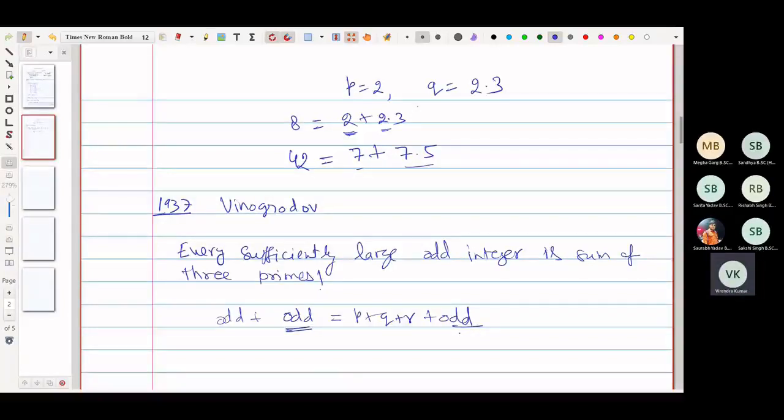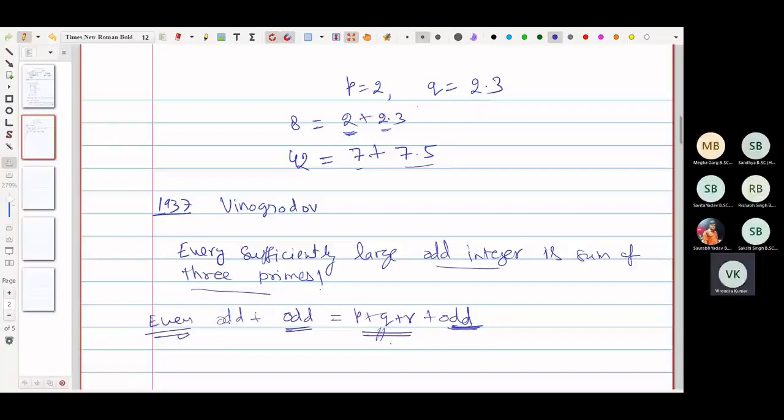So an odd number may or may not be prime. But he has proved that every sufficiently large odd integer is a sum of 3 primes. But this odd may or may not be prime. If you want to make it even like this, for every sufficiently large even number, at least we need these 3 primes.